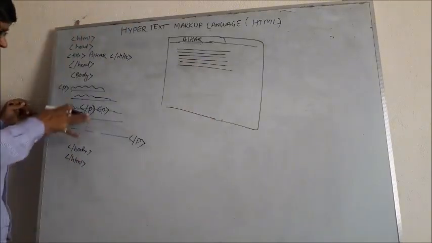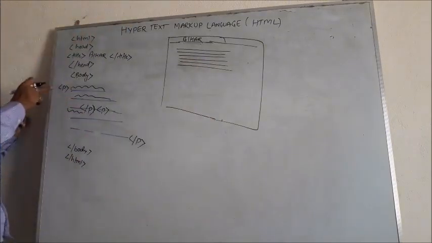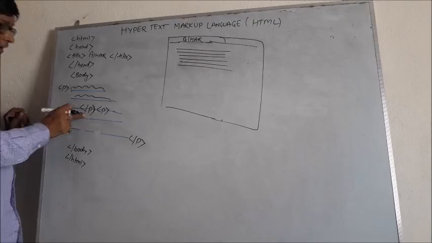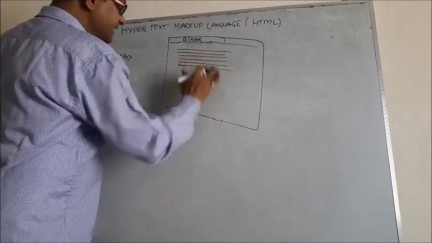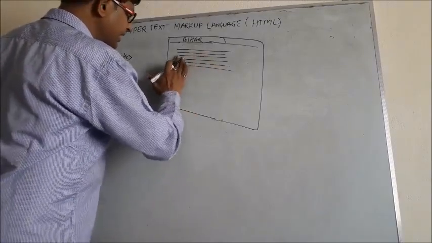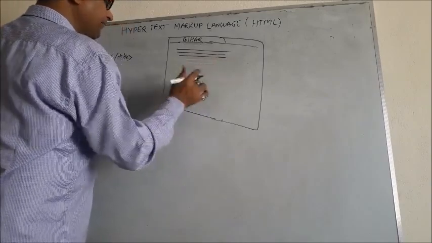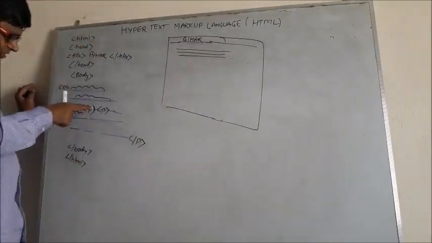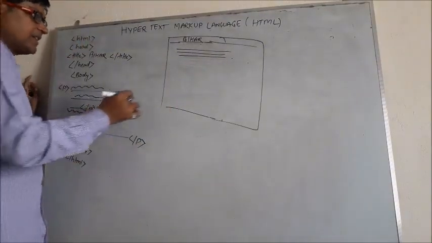But when you apply this type of tag, it will start a paragraph from here, and if it closes here, then what will be the result? Instead of this, you will get the first paragraph, it will stop here, and the second paragraph will start from here.